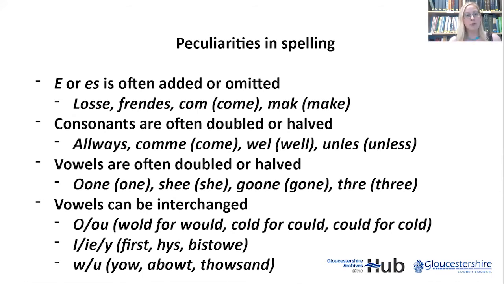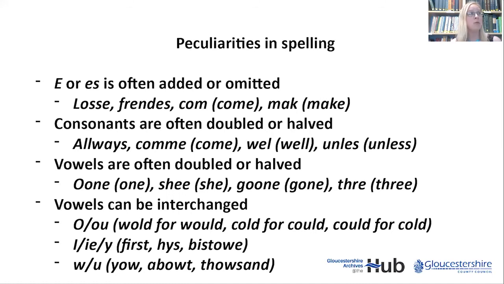And then on the flip side, we've got the consonants often doubled or halved. So we've got always, come, again, but with an extra M instead of a no E, well, or unless. So just ways of reading a word that you wouldn't be used to doing today. And then similarly, we've got the doubling or halving of vowels.